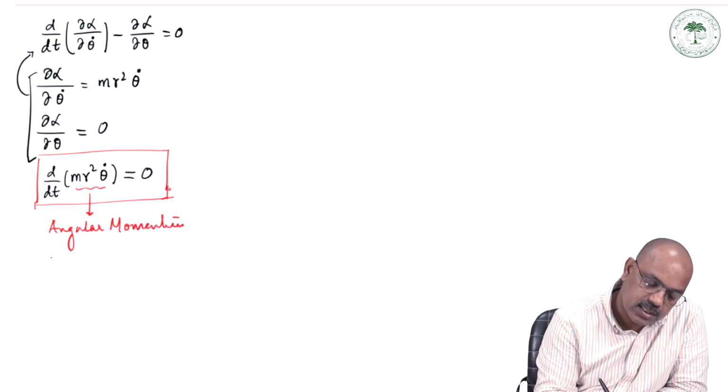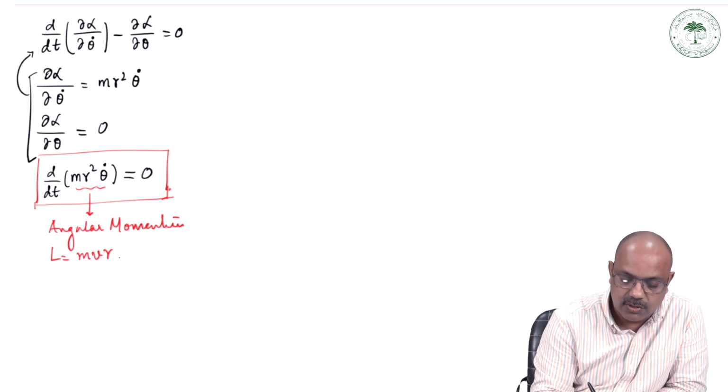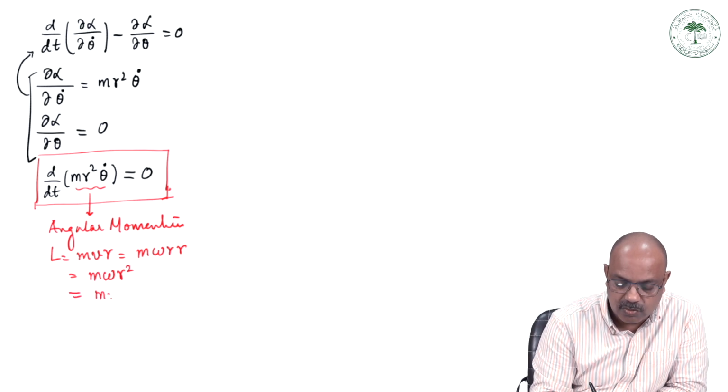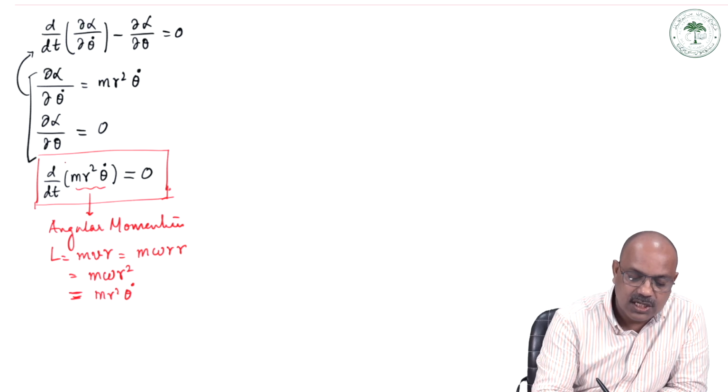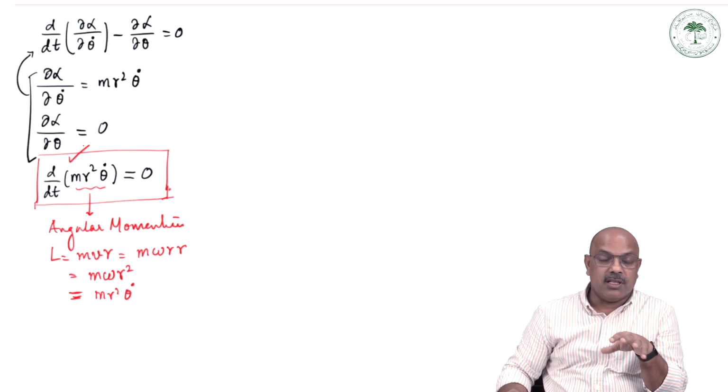L equals mvr. V is basically omega r, so this is m omega r², and omega is theta dot, so this is m r² θ̇. So the time rate of change of the angular momentum is 0. So angular momentum is conserved in this process.